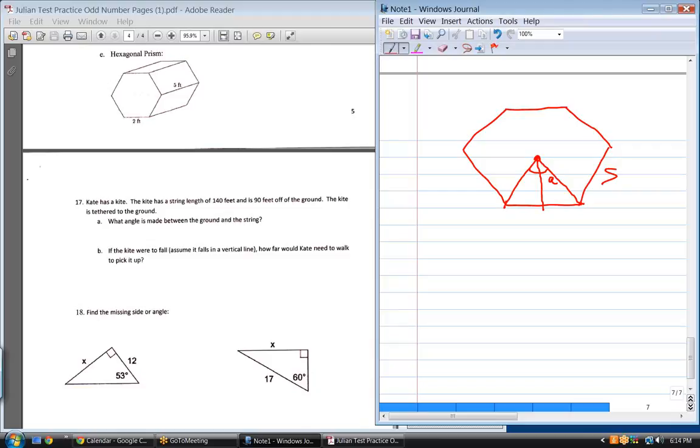What's the central angle here? 60? Uh-huh. In other words, I can break this thing up into 6 triangles. All of them equal. So every central angle is 60. All right. Now, the apothem, if the central angle is 60, what's this angle right there? 30.